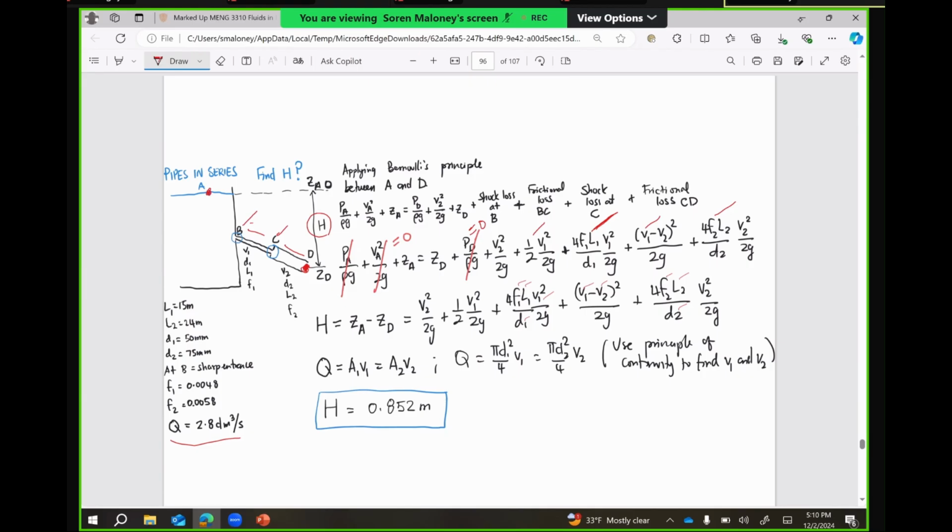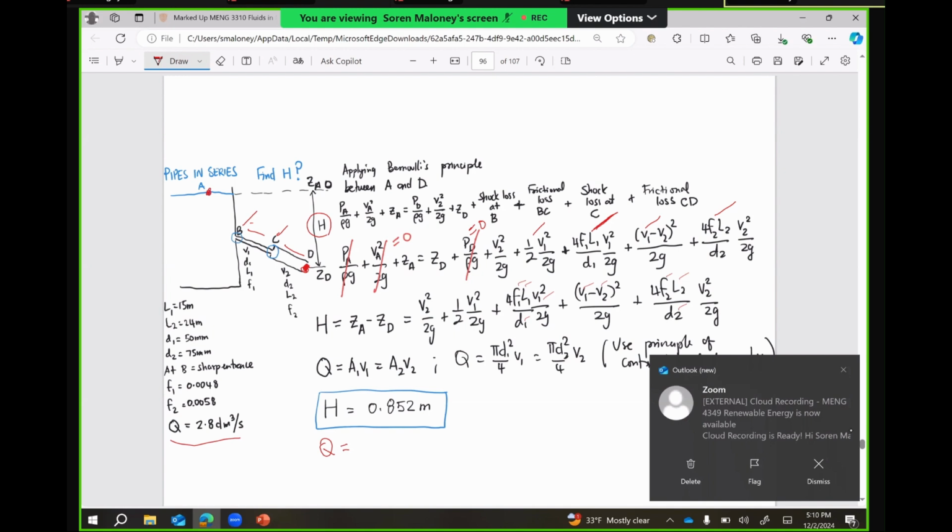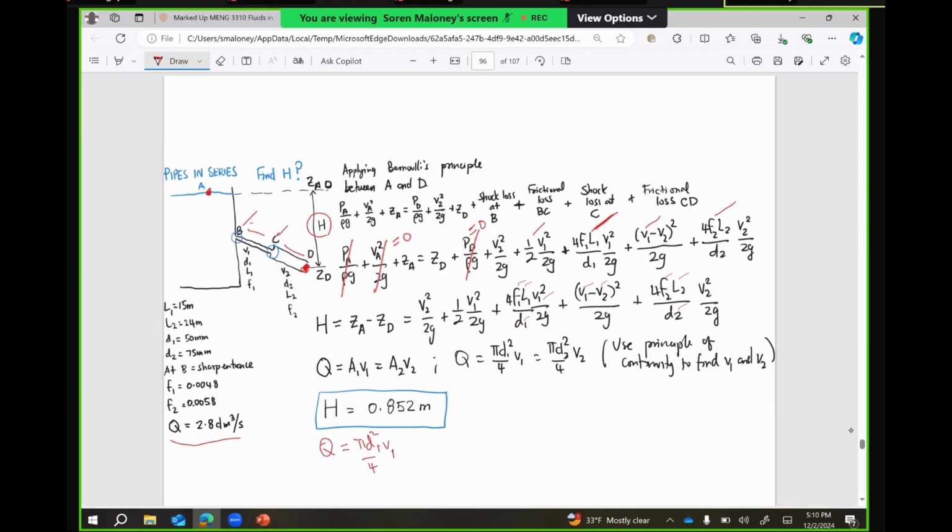I can use Q to find: Q equals pi d1 squared on 4 times V1, and Q is also equal to pi d2 squared on 4 times V2.